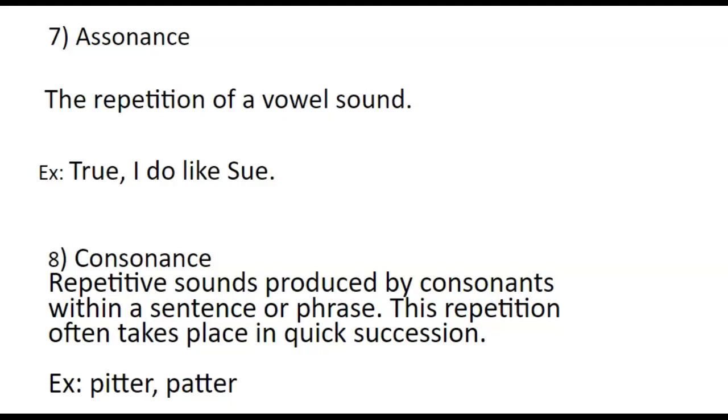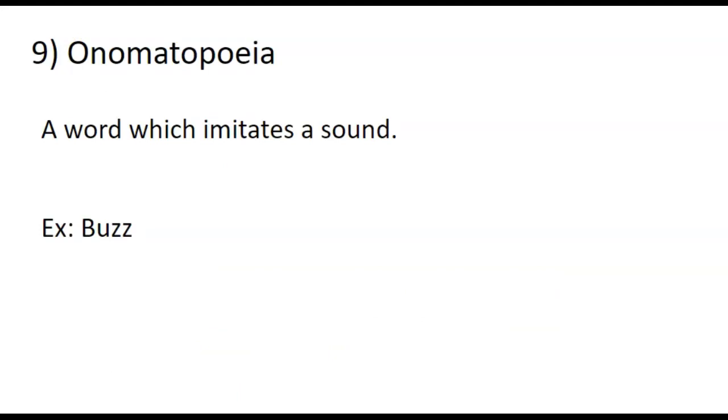Consonance is repetitive sounds produced by consonants within a sentence or a phrase. This repetition often takes place in quick succession, like pitter-patter. Onomatopoeia is a word that imitates a sound, like buzz.